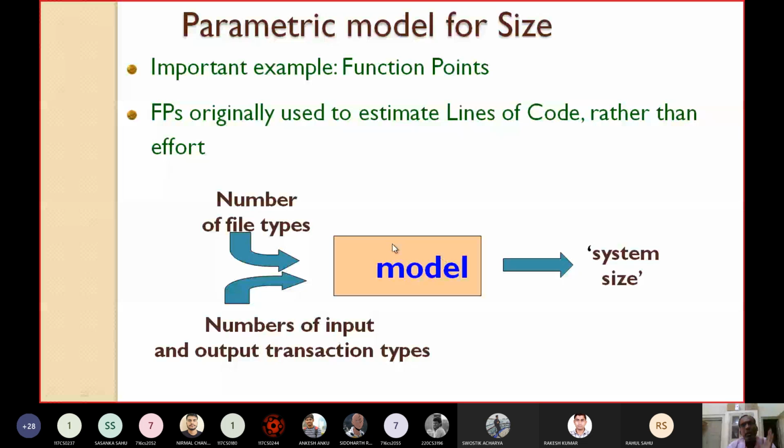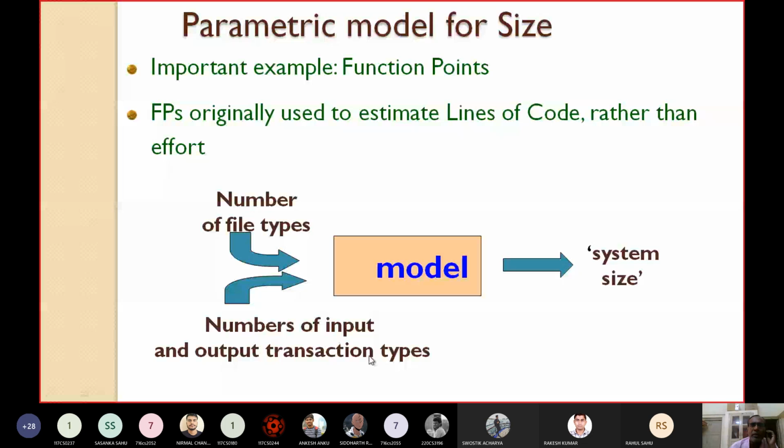But nowadays people are also using function points for effort. So now let's see how it works. While computing the function point, this parametric model takes two inputs: the number of file types and the number of input and output transaction types.